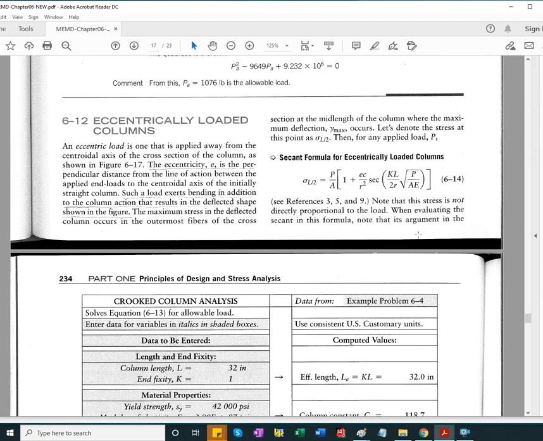Okay, so we have the load that's causing this stress occurring as a multiplier and also as the argument of the secant function. So it is not possible to solve it in closed form. You need to use iterative methods.